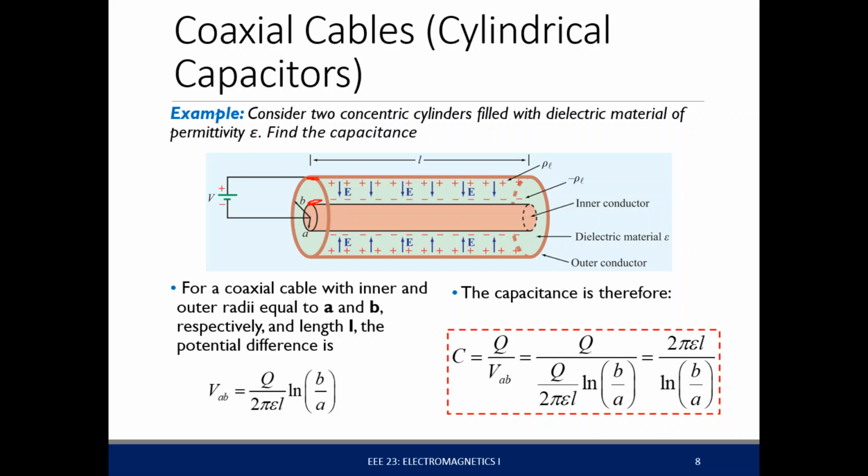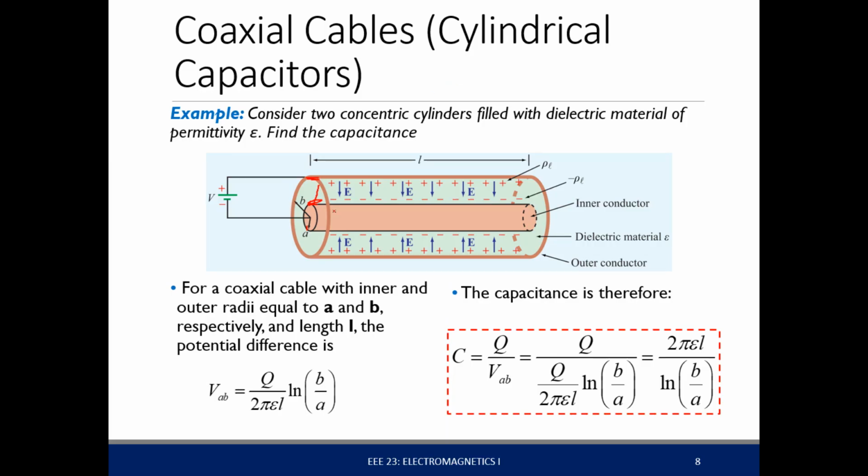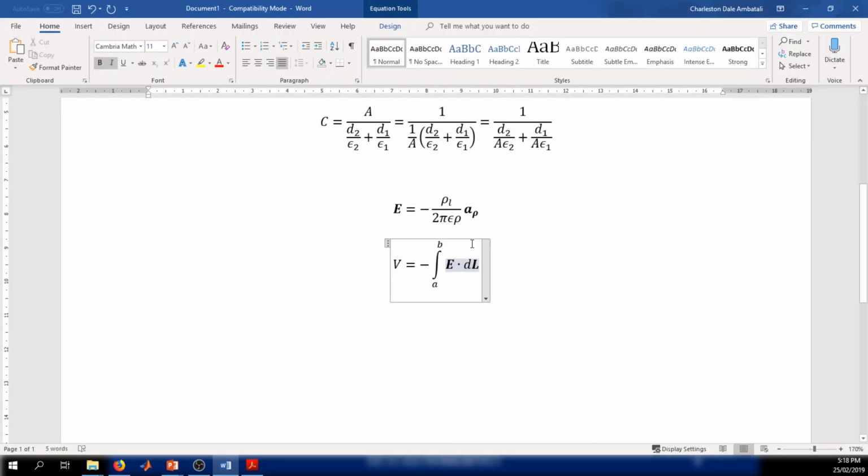So that is from radius A to radius B. Since your electric field is going in and your path is going out, they have opposite directions. Then dl is in the opposite direction to your electric field E, and this negative sign becomes positive.